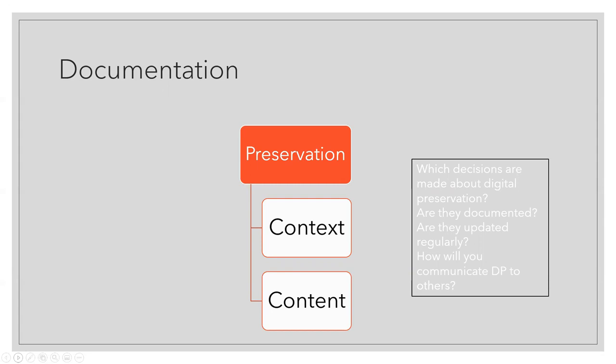So the Sandy article mentioned including a communications plan and documentation as well. So that might be a type of documentation that would help you communicate digital preservation to others. So some kind of plan for different types of outreach that you're going to do in order to help convince people to support your digital preservation efforts.